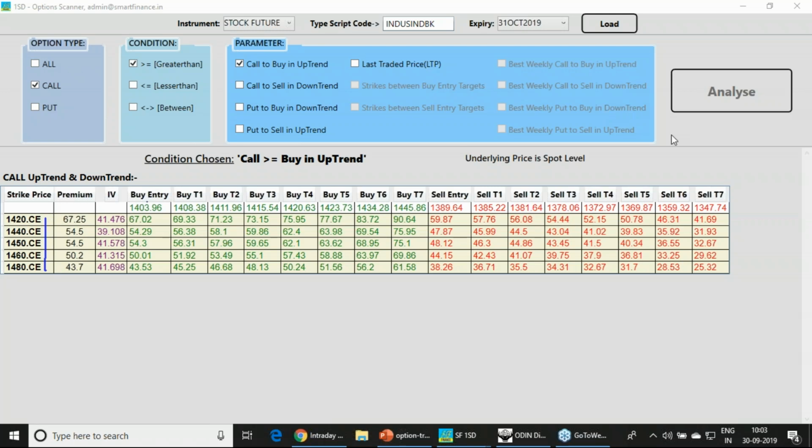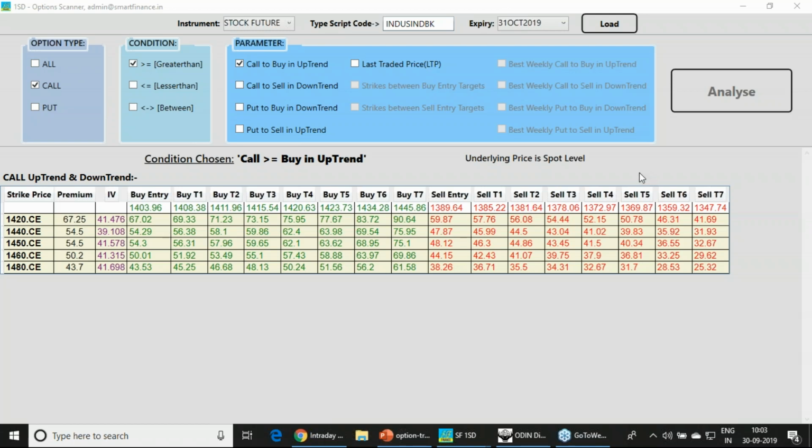So how many of you agree with that? Bought these options, any of these strikes, if it falls down to the 1389 level, you should book the loss and come out. So only buying of the options.